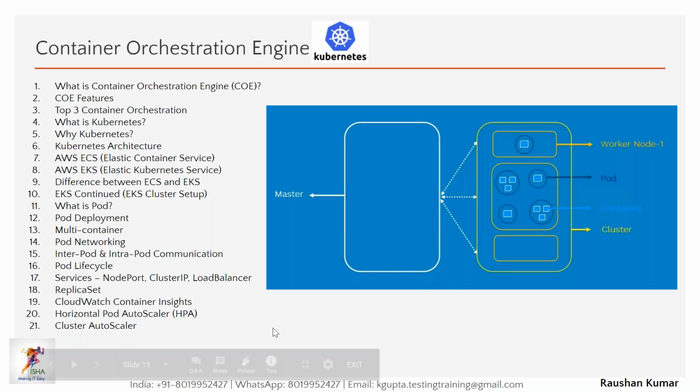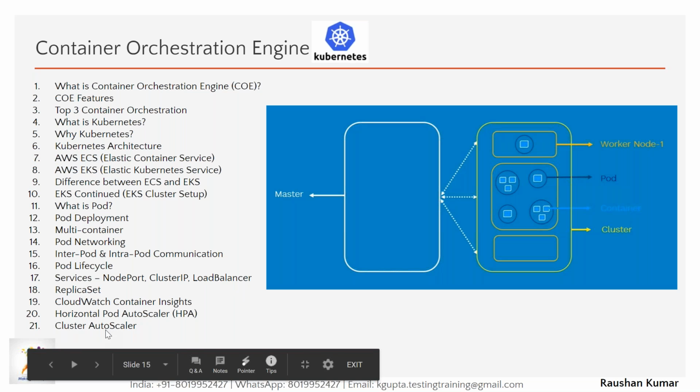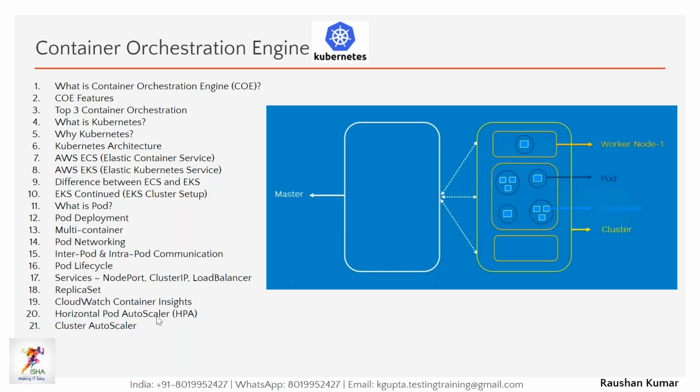What is the horizontal pod autoscaler? What is the cluster autoscaler? How do we achieve that? Suppose your load is increasing and increasing, and the pods you set up initially are exhausted. Can your application scale up automatically?